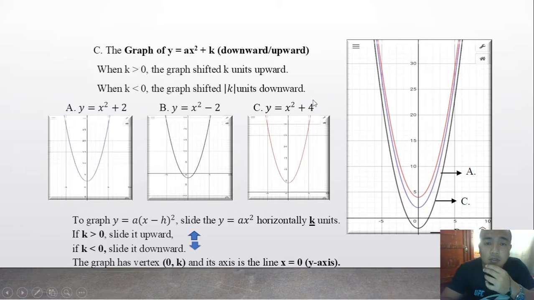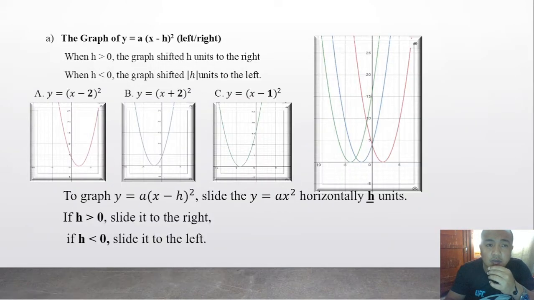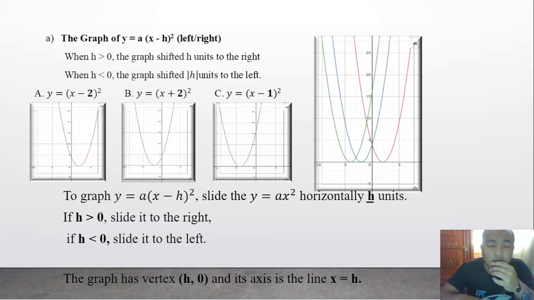Right? Okay, can you follow? Basta yung k positive, upward. Basta yung k negative, downward naman. It will be shifted downward. Whereas dito sa h tayo, shifted when h is greater than 0, shifted to the right. When h is less than 0, shifted to the left.